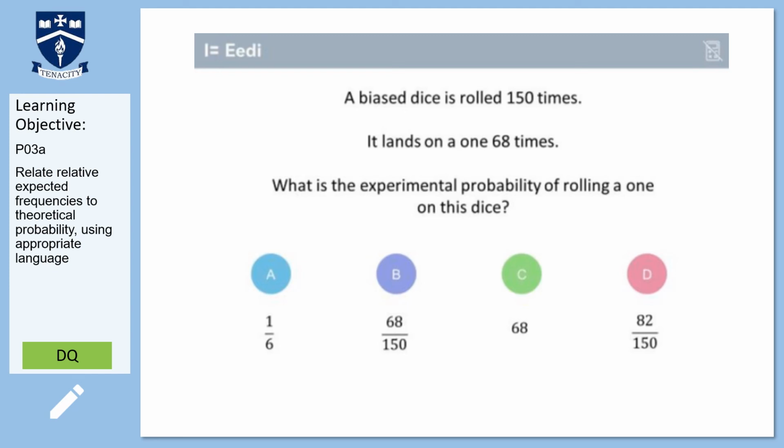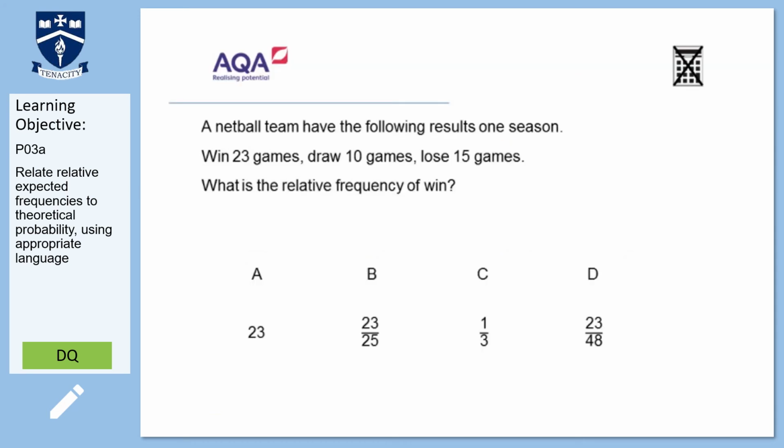On this question, I know I've rolled 150 times, so straight away I need a fraction out of 150. I've got a 1 68 times, which is why my answer is B. Pause the video, and when you're ready, press play for the answer.